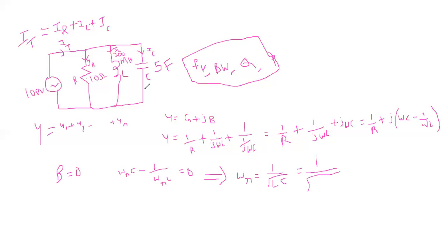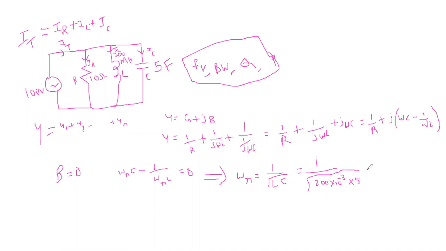What is the value of L? L value in the problem is 200 milli Henry, 200 into 10 to the power of minus 3, and C is 5 farad. 5 into 200 is 1000, 1000 into 10 to the power of 1.